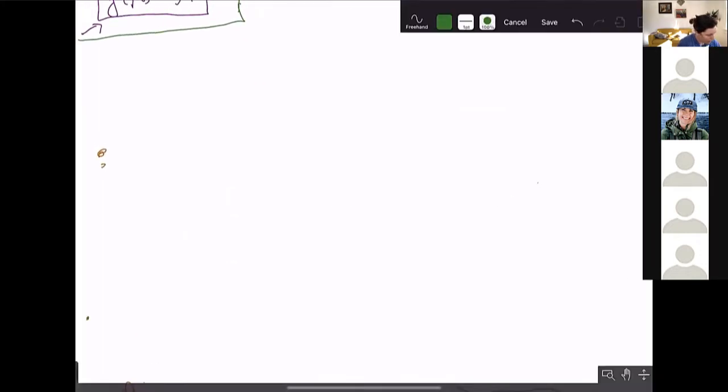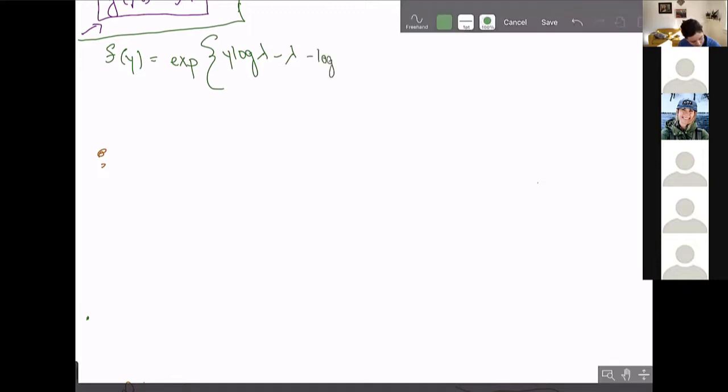So I think I'm finally getting the hang of the iPad. This is exciting. So, okay, what do you have so far? So I have the exponent of y log of lambda minus lambda minus the log of y factorial.